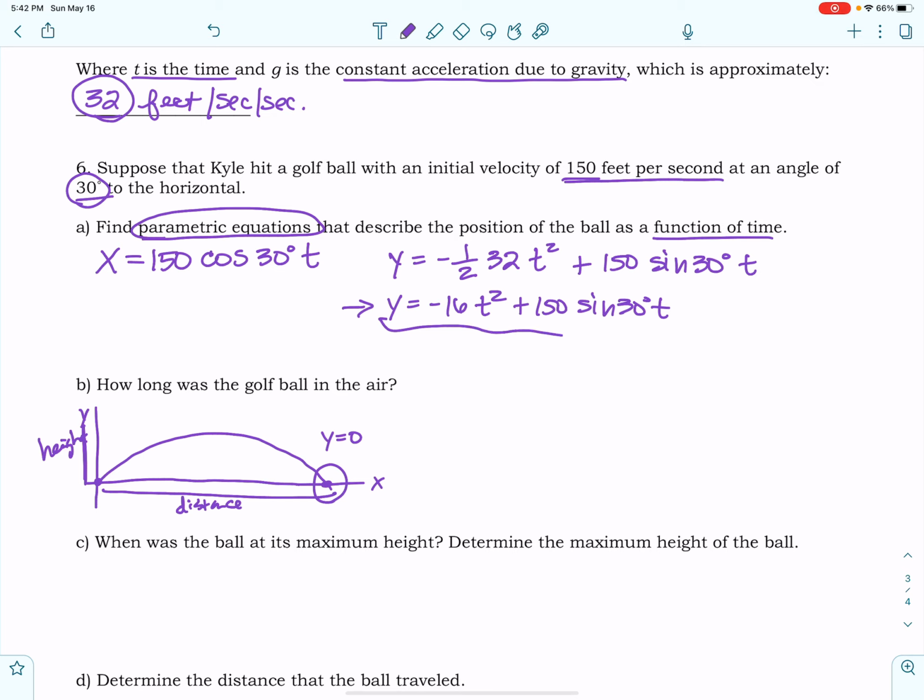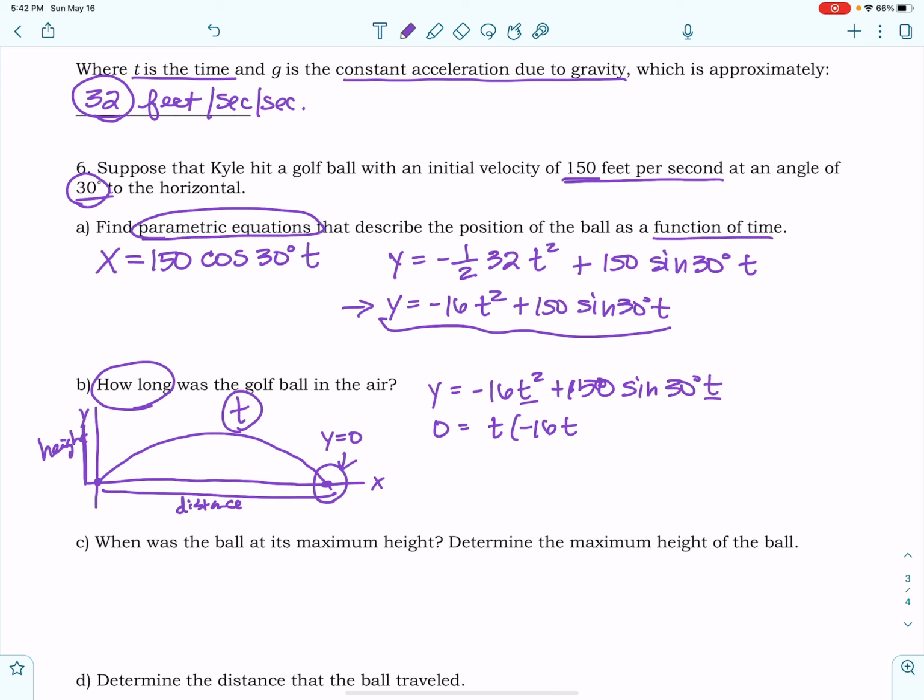So this is the equation I'm going to use, the equation that I found in part A. And I'm looking for t, how long? Now it's going to have to be when y is at 0, just like I said. So that's 0. Here I'm going to factor out a t so that I can solve this properly.